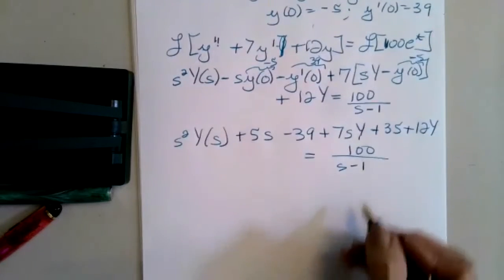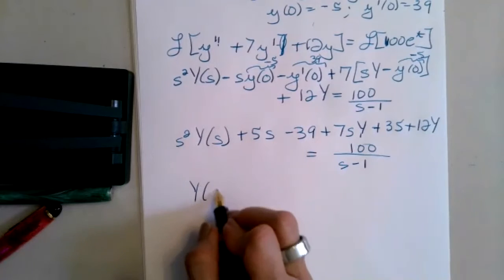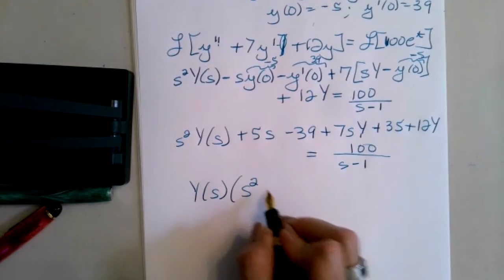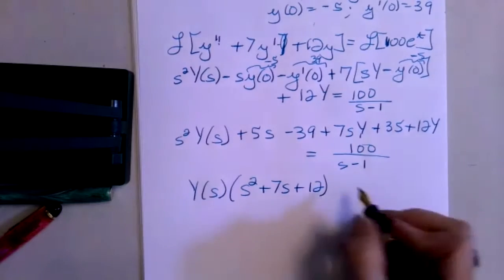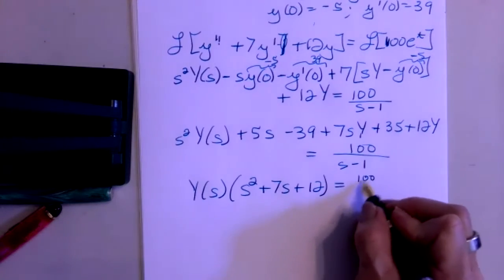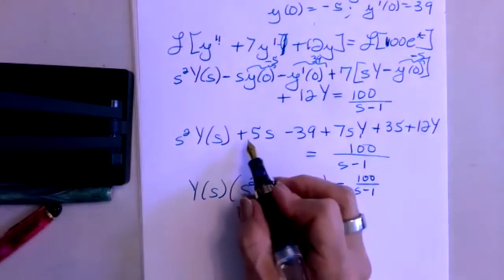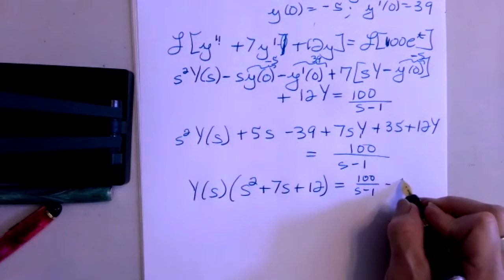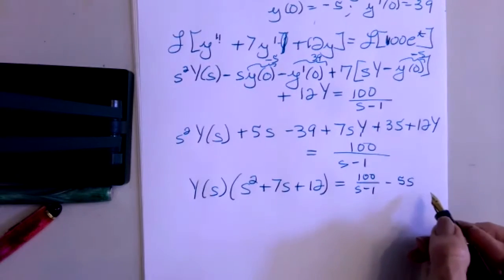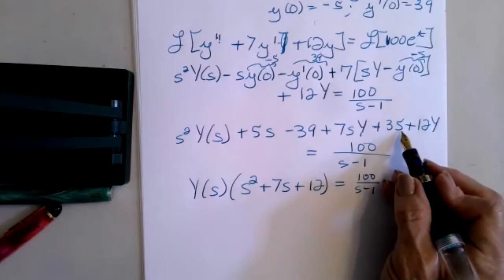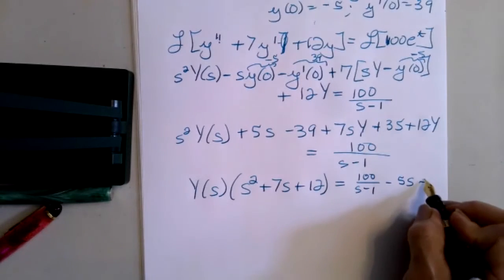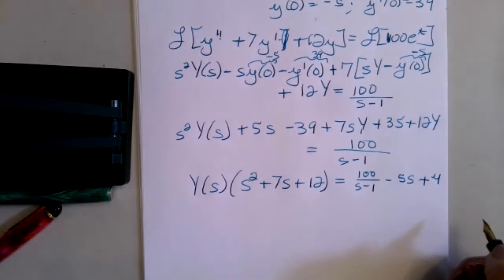Now gathering up our y of s, we have s squared plus 7s plus 12 all times y is equal to 100 over s minus 1 minus 5s plus 39 minus 39 and a plus 35 is a minus 4, so it becomes a plus 4 on the other side.